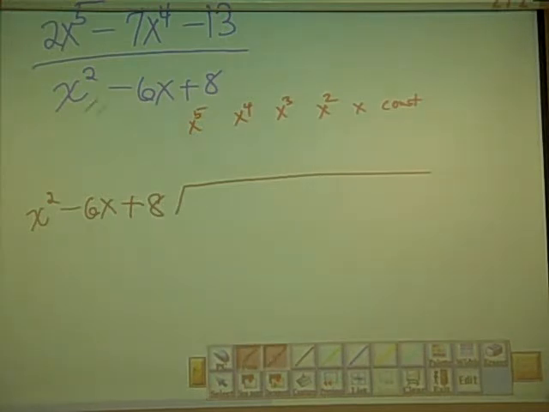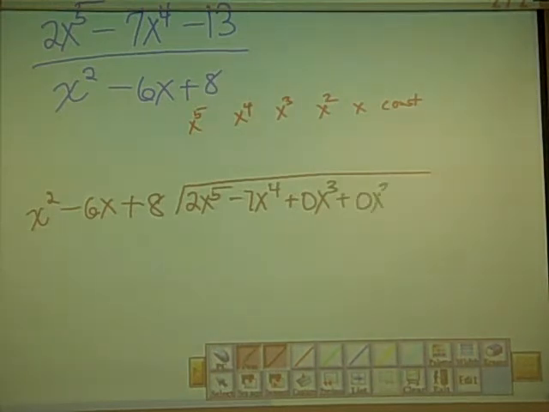So we have a 2x to the 5th, and then a minus 7x to the 4th, but we don't have an x cubed, so we have to make a place for that. We're going to put 0x cubed. We don't have an x squared either, so we put plus 0x squared. And we don't have a place for x either, so we put plus 0x minus 13.